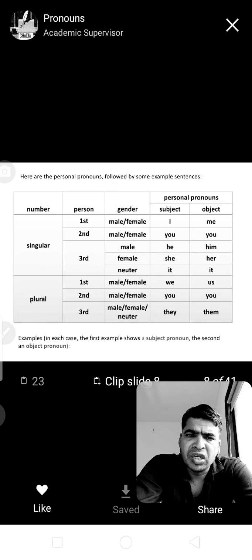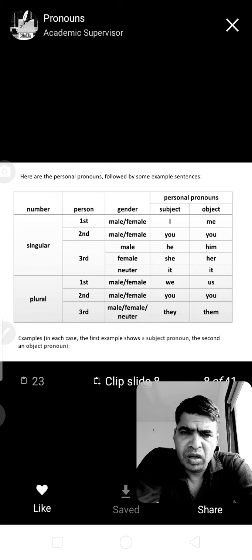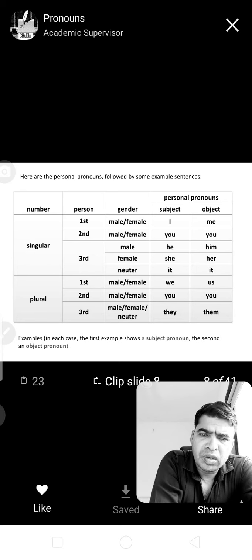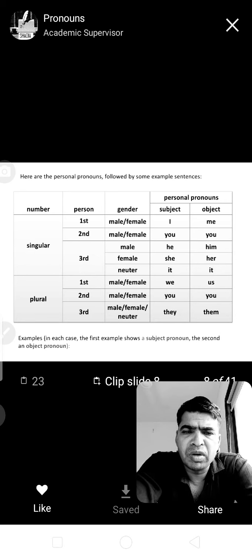Female she, object is her, and neuter it does not change, it remains it. The plurals, first person male or female we and the object is us, so we becomes us. Whereas in the second person you remains you, and the third person male and female they becomes them.